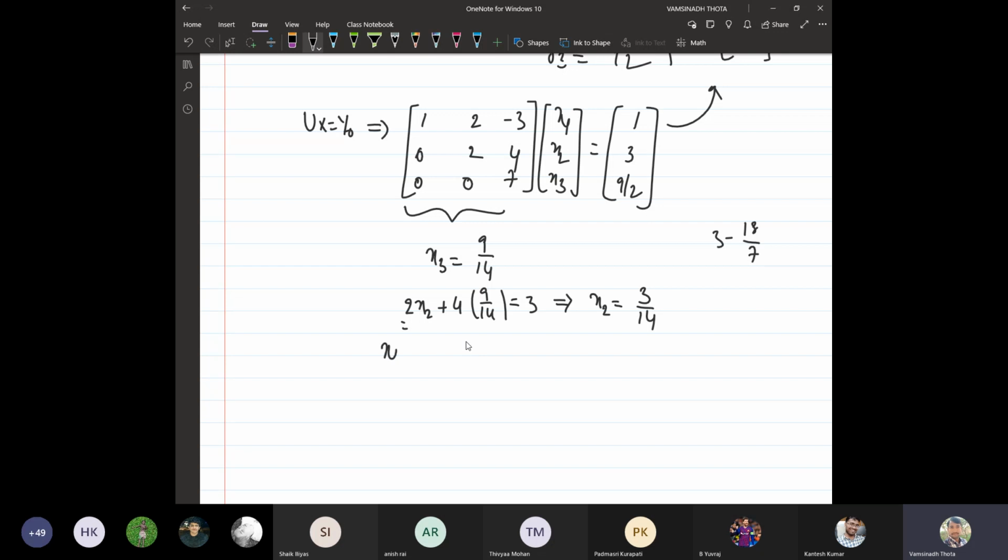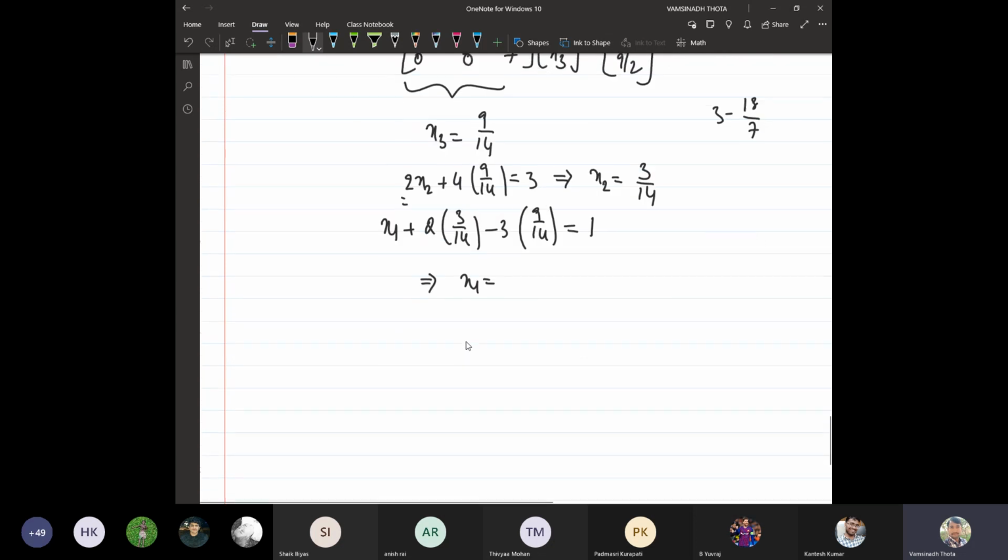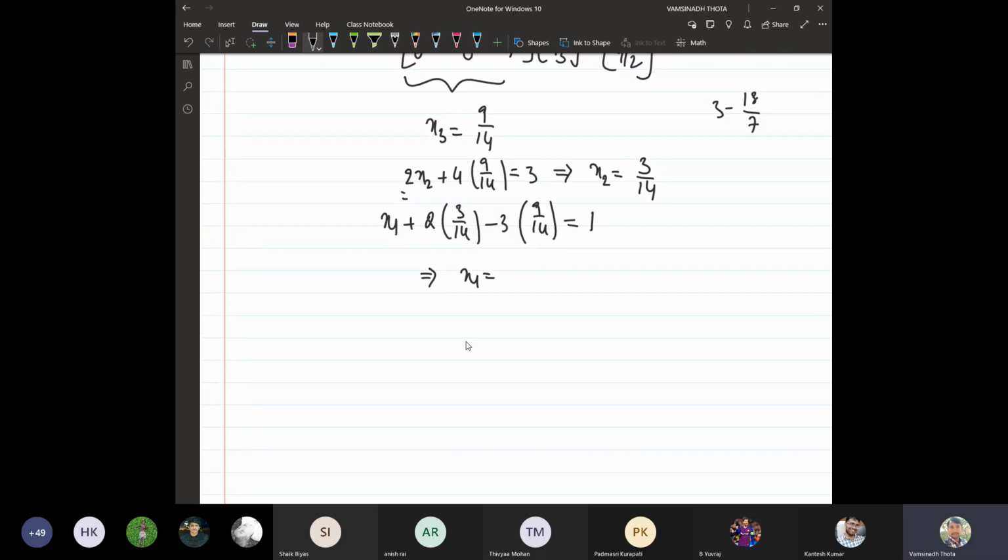And if you write the first equation, x1 plus 2 times x2 minus 3 times x3 is equal to 1, implies x1 is equal to 1 minus 6 by 14 plus 27 by 14.